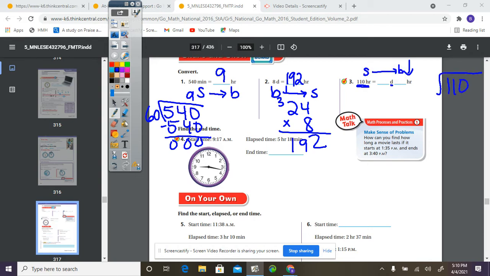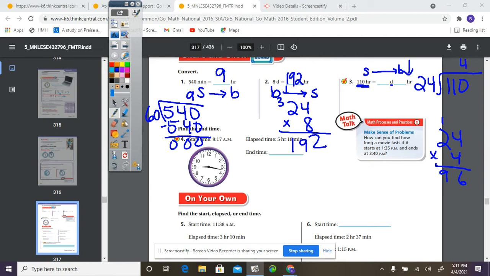That means that 110 is going to be divided by 24. 24 goes into 110. I'm guessing probably 4 times because I know 25 times 4 is 100. So that means that 24 times 4 is 96. But I'm going to double check that over here. And it is 96. So I'm thinking that's as high as I can go.